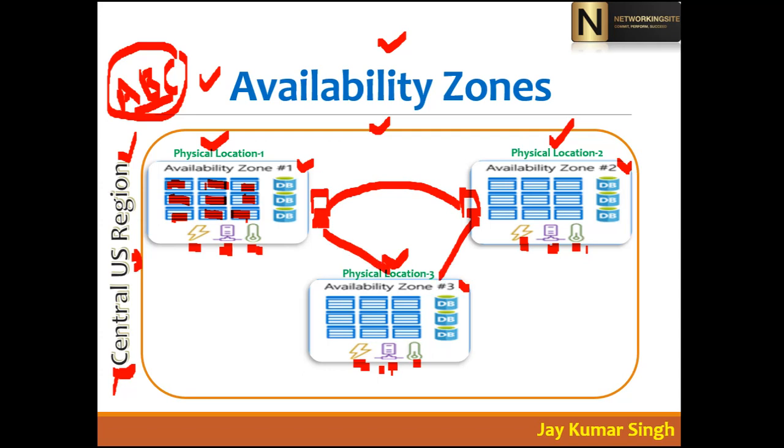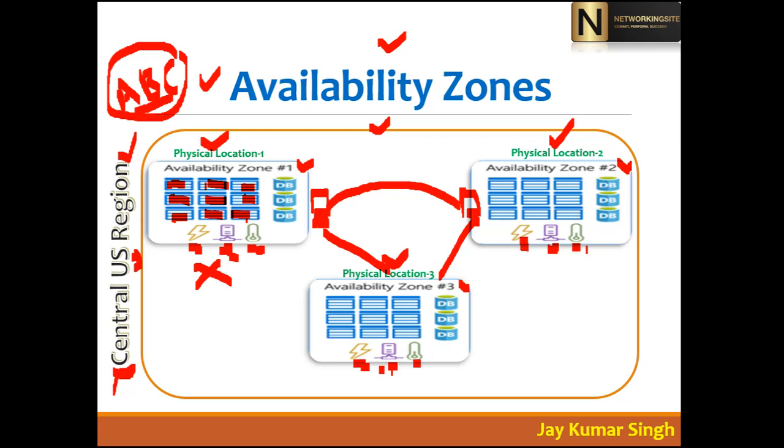You can see networking and cooling are separate. So if this physical location goes down, we consider the possibilities of server down, network down, and all those things. If this entire location is down, sometimes you'll see a power cut.